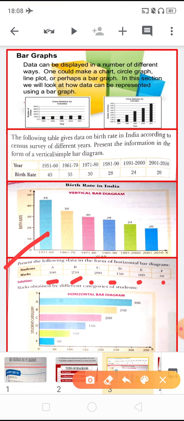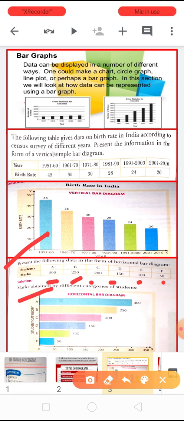Now you can clearly see that this diagram takes a horizontal shape, and it goes up to the 300 value.